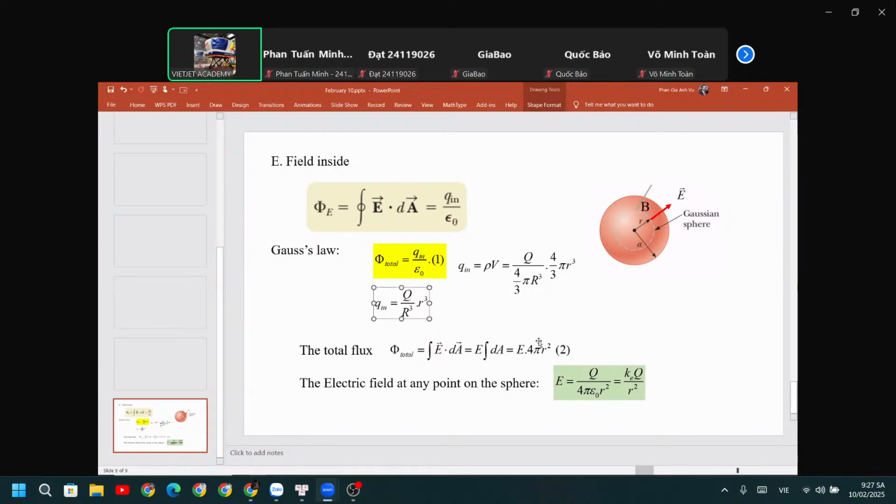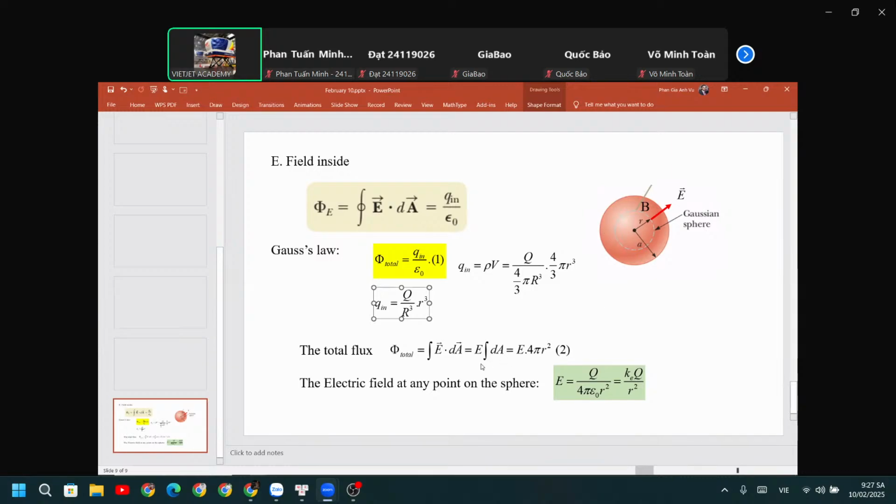Okay. But now, what is the total flux when we want to calculate it by the definition? So again, the total flux is equal to the integral of E dA. E is the same everywhere on this small surface.